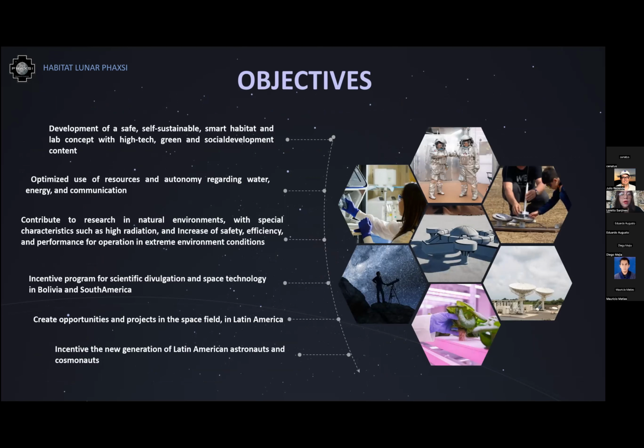In the objectives of the PHAXSI Lunar Habitat: first, development of a safe, self-sustainable, smart habitat and lab concept with high-tech, green and social development content; optimize use of resources and autonomy regarding water, energy, and communication; contribute to research in natural environments with special characteristics such as high radiation; and increase safety, efficiency, and performance for operation in extreme environment conditions.